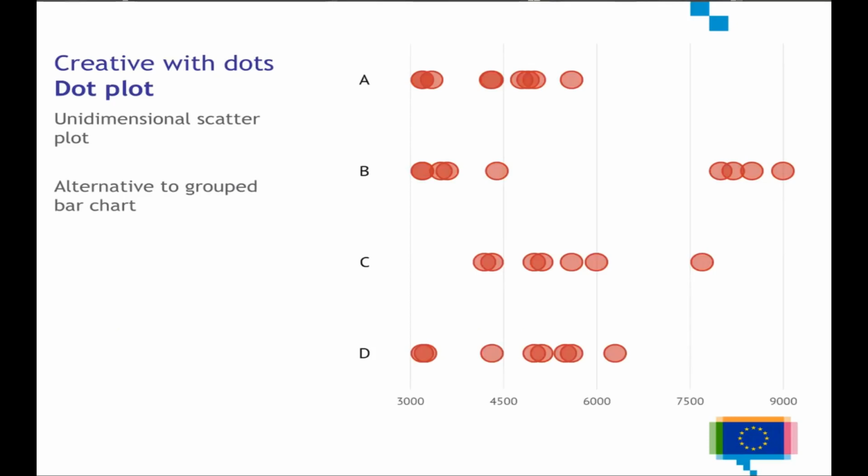Usually the way this kind of data sets are presented is as group bar charts. For example, here for the A category, you would have a group of bars representing the numbers, but instead of bars, this visualization uses dots and the position of the dots to communicate the numbers. And this technique scales a little bit better than bar charts because in this case we have, I think, 8 data points for each category.